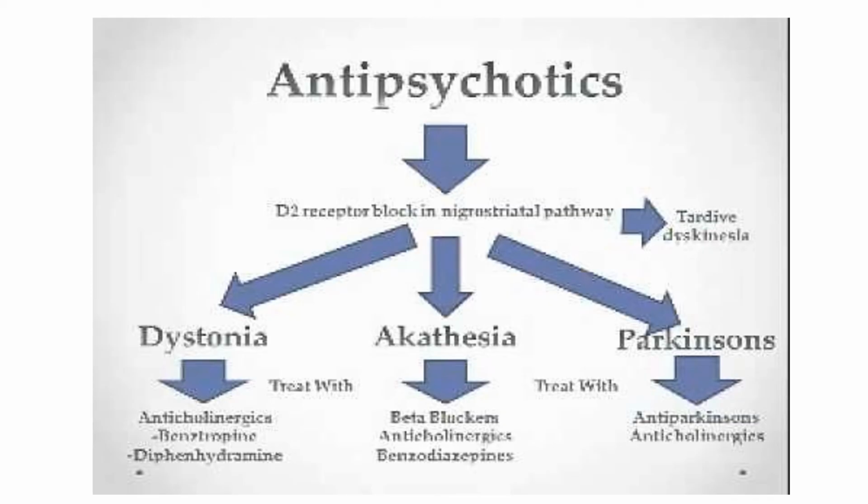Okay, so antipsychotics, think of them as dopamine blockers in general. And when you block dopamine, you increase acetylcholine in the brain and you increase prolactin in the brain. And that can lead to different side effects.